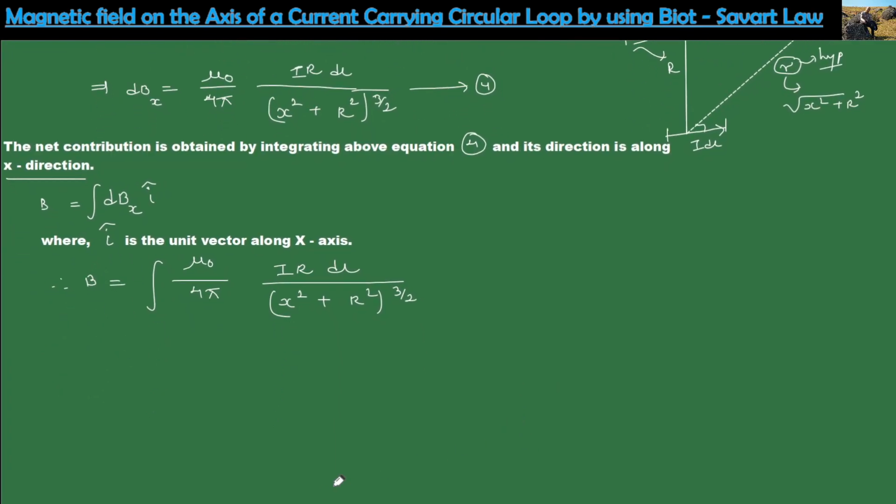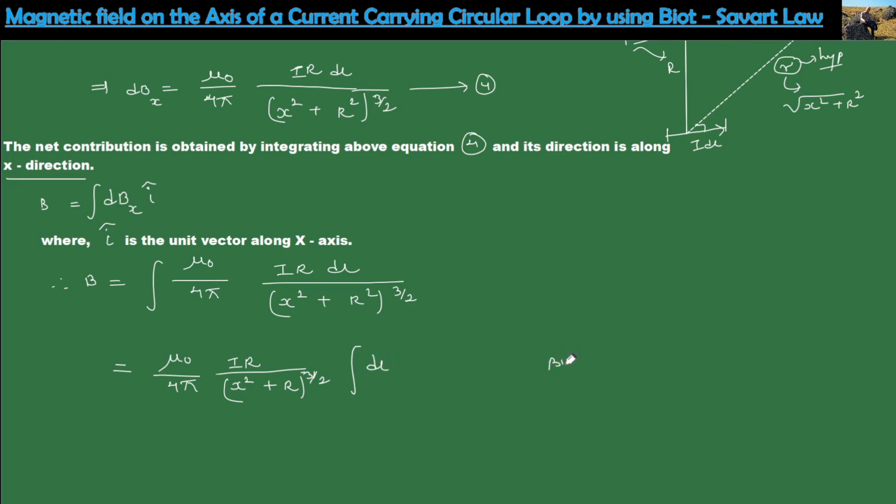So from this expression, we can take mu naught outside, and we are left with 4 pi. The current, the radius, and the denominator term can also be taken outside of the integral sign. Then we are left with the integration over dl, to the power 3 by 2 in the denominator.